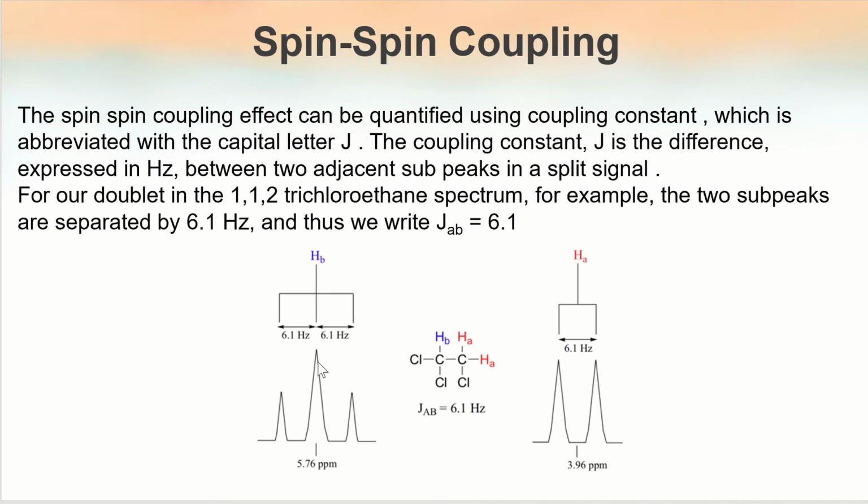So how we calculate the J value for a triplet is the difference in hertz between the middle peak and this one, or the middle peak and this one. You should get the same value if the protons are coupled to each other.